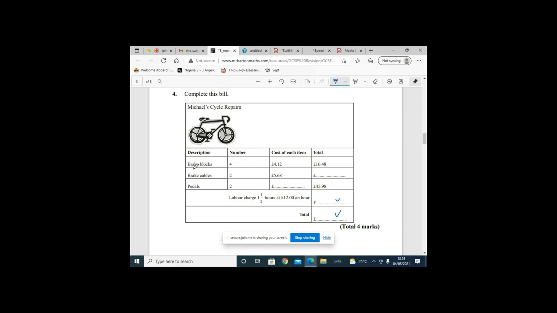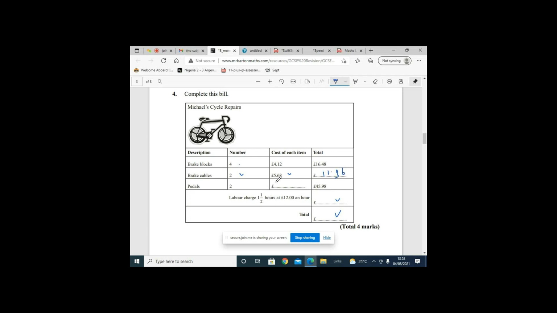So what you have to do is this. For example, brake block. The number of brake blocks is 4. The cost for each item is £4.12. So what's going to be the cost in total? Just multiply 4 by £4.12, and you get £16.48. For the second one, multiply 2 times £5.68, and you get £11.36.